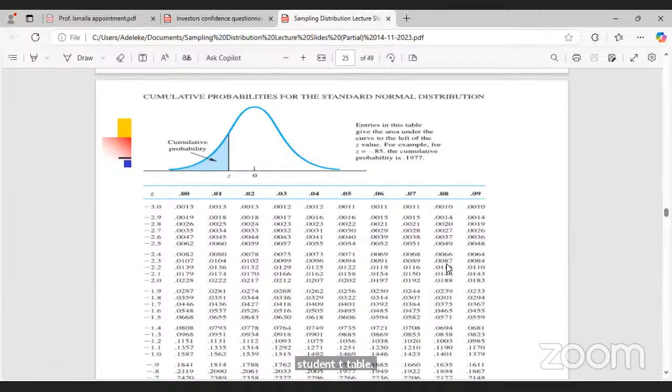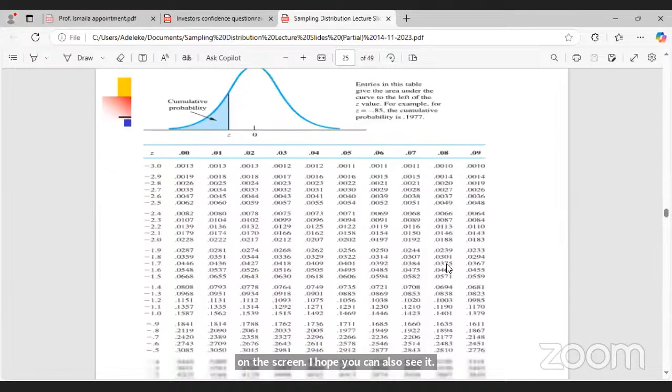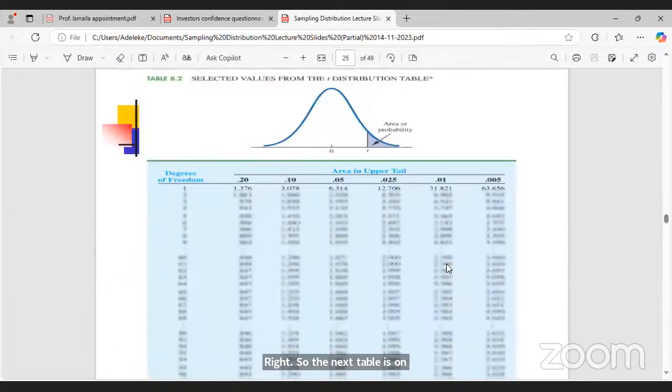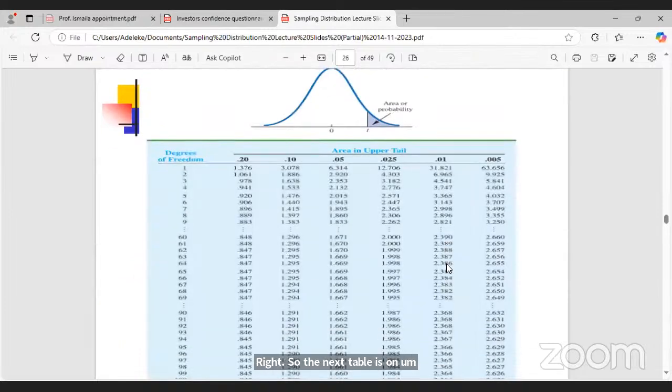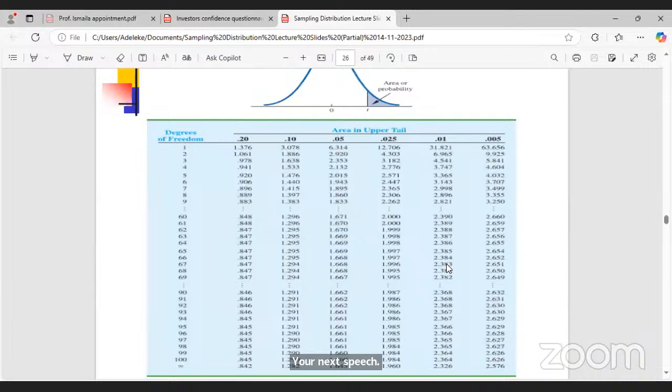So the cumulative standardized normal table is displayed on the screen. I hope you can all see it. Yes, sir. All right. So the next table is on the next page, has been displayed. So I hope you can see that as well. So I've asked you to also locate those tables in your textbook.